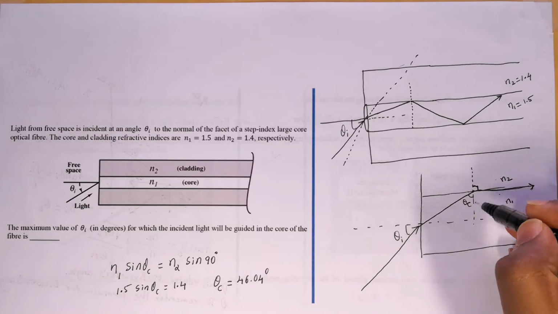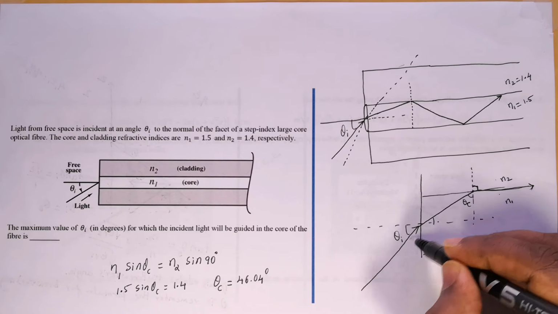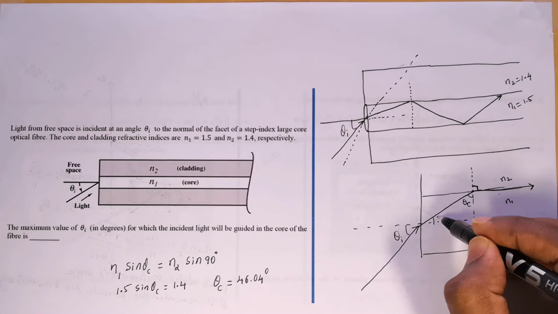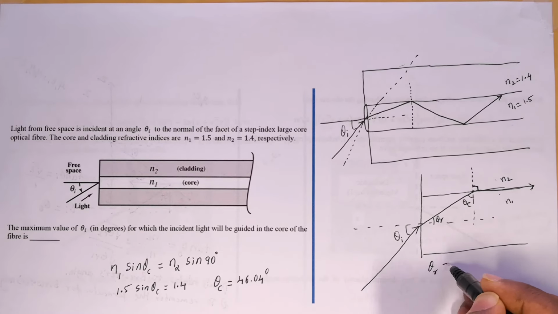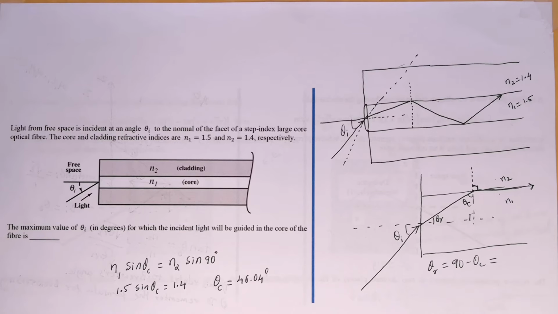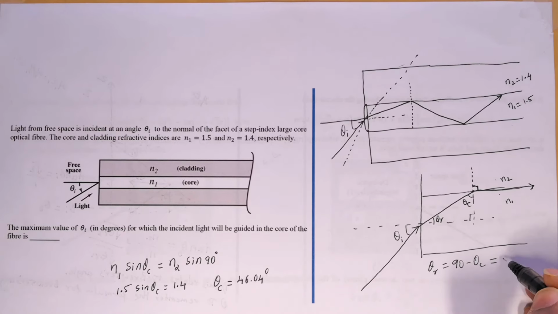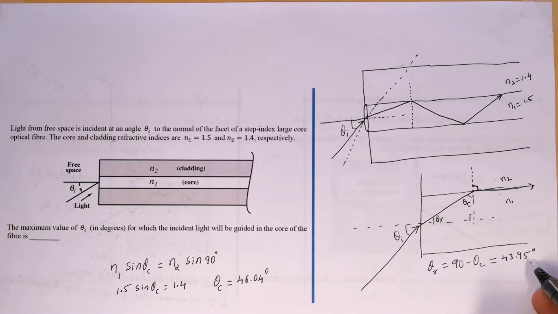Now we know this angle, so we can calculate theta r from the incident light. Theta r is equal to 90 minus theta c, because this is at right angles. That becomes 43.95 degrees.